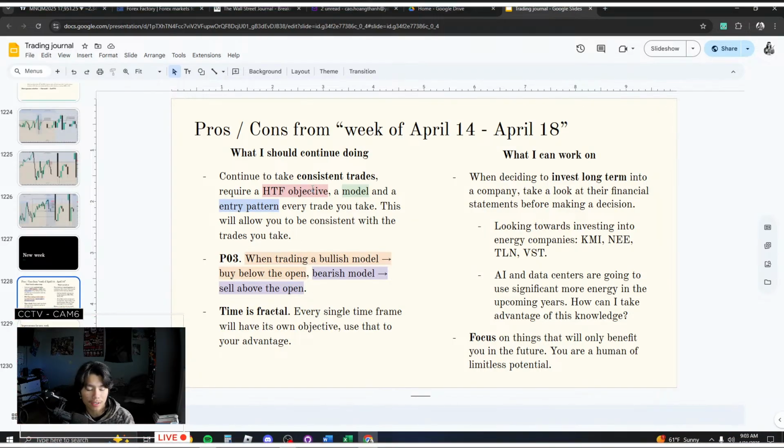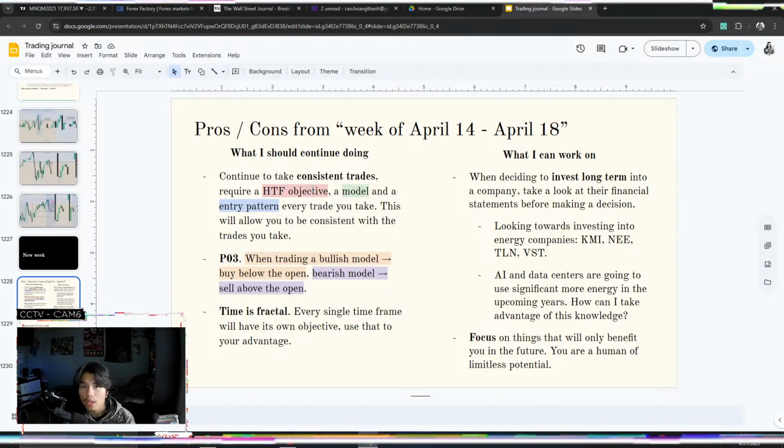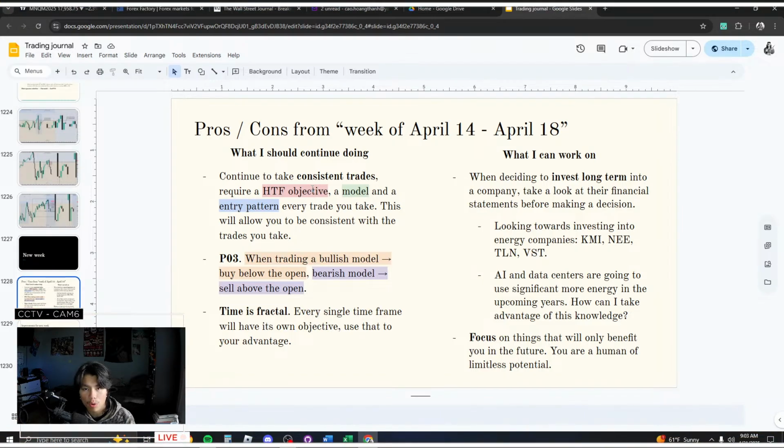But the idea of a consistent trade is that the concepts that I apply should be very systematic. I should be able to replicate it over and over and over again. How do I even take consistent trades? Well, there are 3 criteria that need to be met before I even press the button.